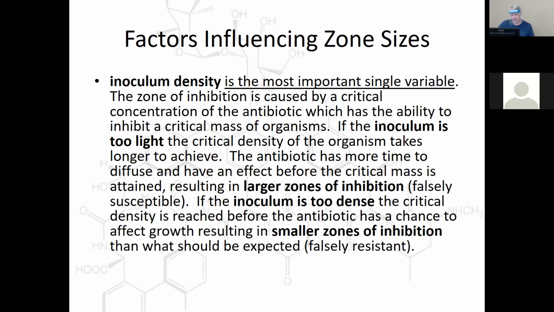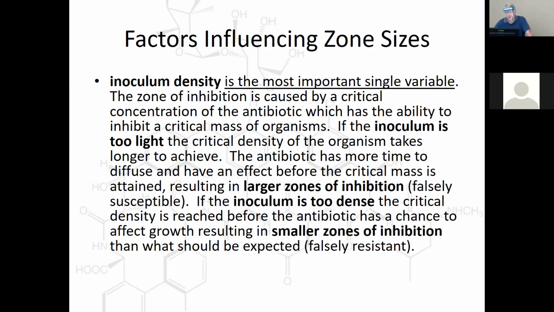All right. The zone of inhibition is caused by a critical concentration of the antibiotic, which has the ability to inhibit the critical mass. And this is key, this is great test questions. You go ahead and put a star, circle, whatever you need to do, because I'll ask you to distinguish these 2 or 3 things, 4 things. If the inoculum is too light, I didn't get enough colony in there. The critical density of the organism takes longer to achieve.